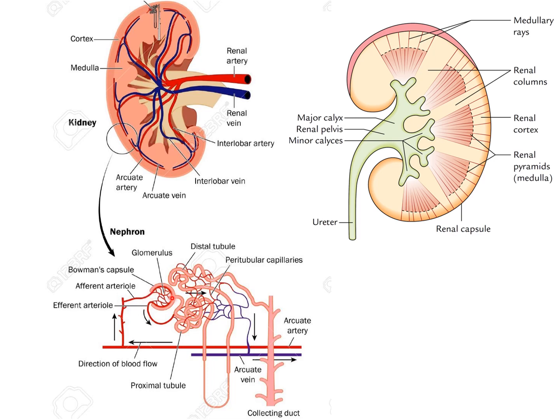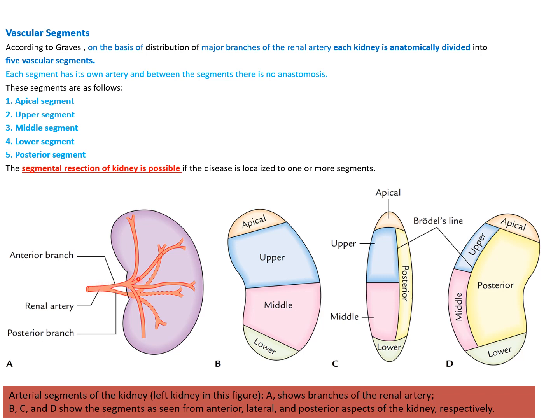The afferent arterioles form the glomerular capillary network, then the efferent arteriole, the peritubular capillary network, and the vasa recta, and these then combine to form the interlobular vein, and the interlobular vein drains into the arcuate vein, and the arcuate veins drain into interlobar veins, and the interlobar veins into lobar veins, and ultimately into the renal vein. This is the renal artery, its anterior and posterior division, and the segmental arteries.